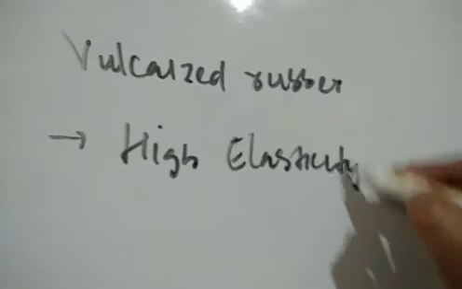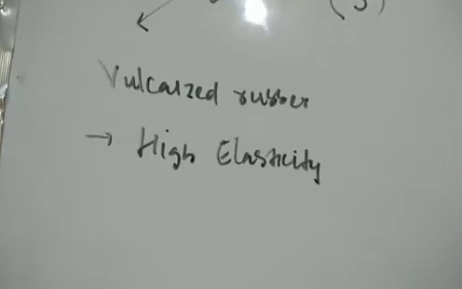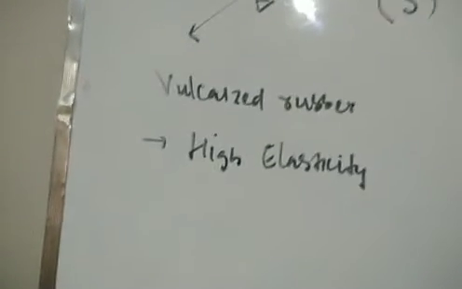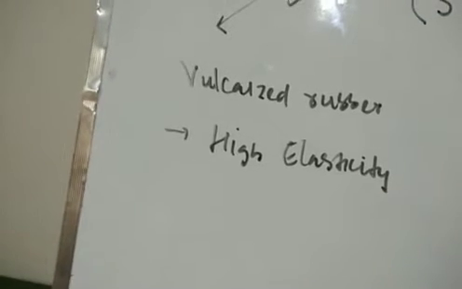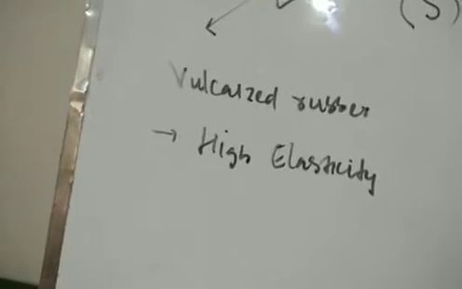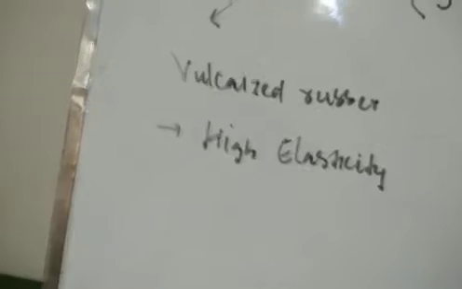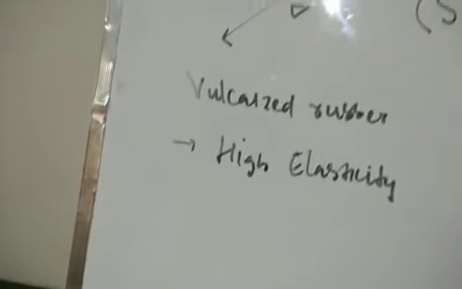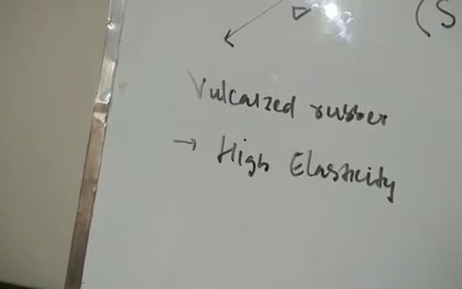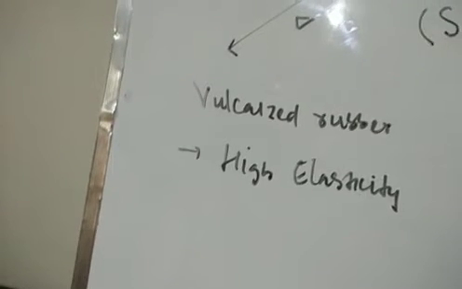I will not be discussing elasticity that much. It simply means how much stress a substance can bear. If you put a load or stress on it, how much can it tolerate without undergoing breakage.